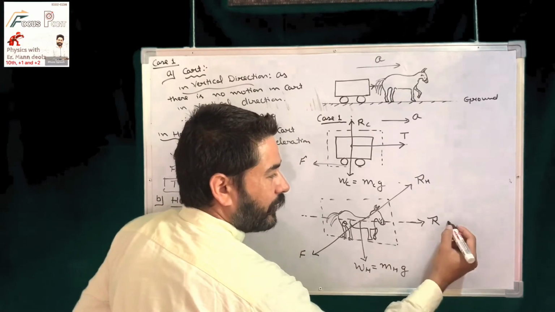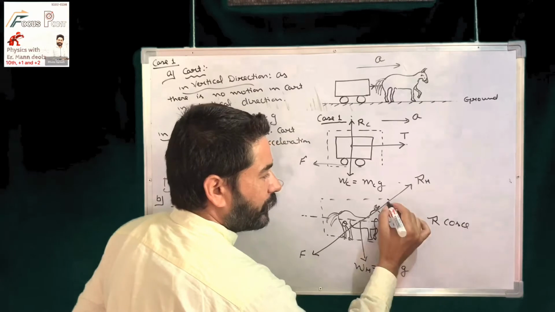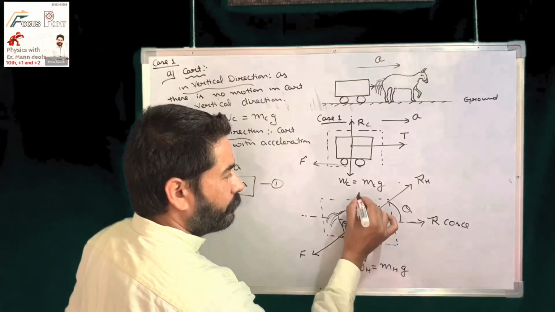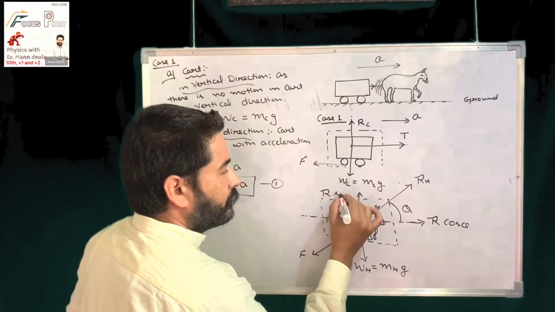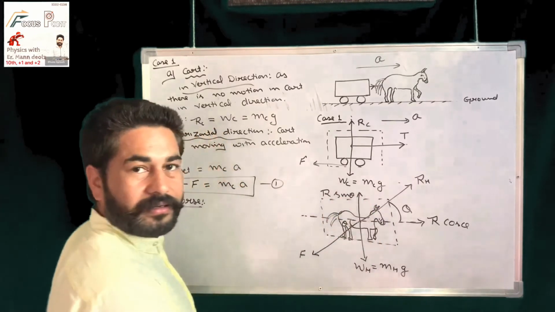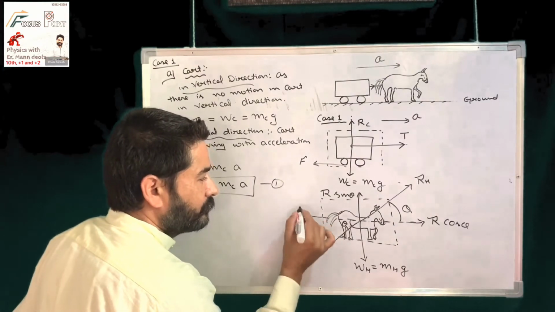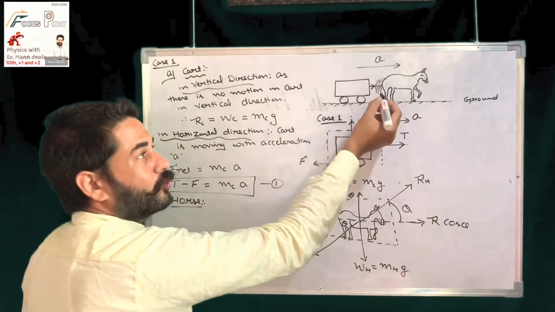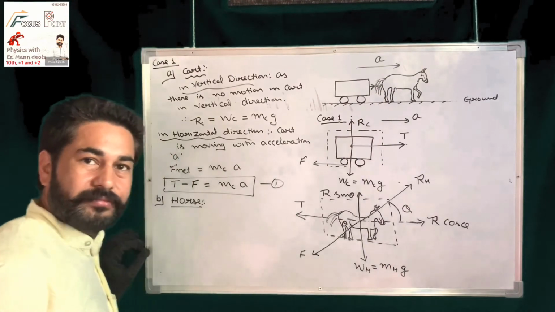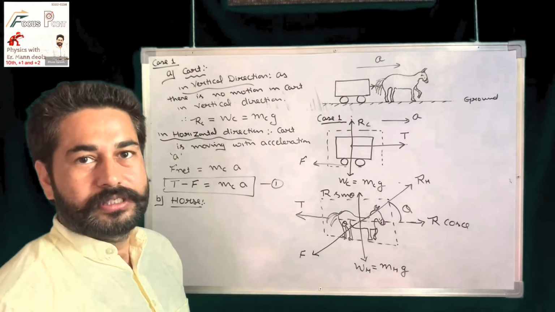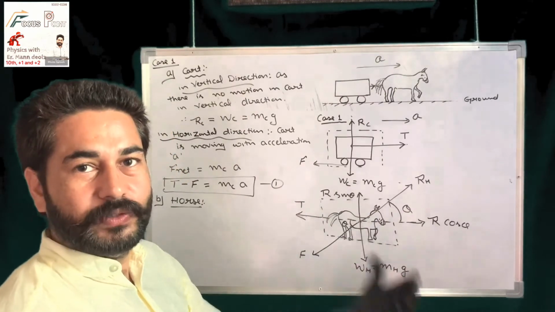One will be r cos theta in the horizontal direction, because this is angle theta, and another component will be r sin theta in the vertical direction. The fourth force is that the cart will also pull the horse in the backward direction. So these are the forces acting on the horse, if we assume the horse as one system.